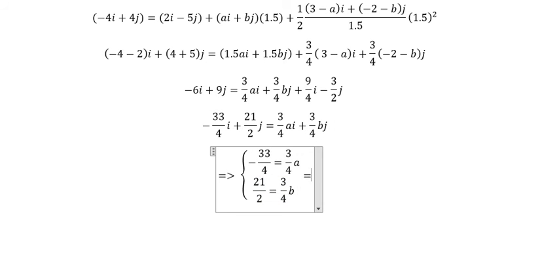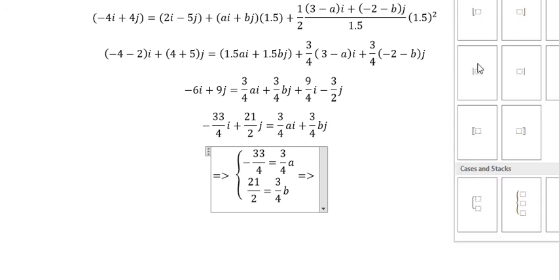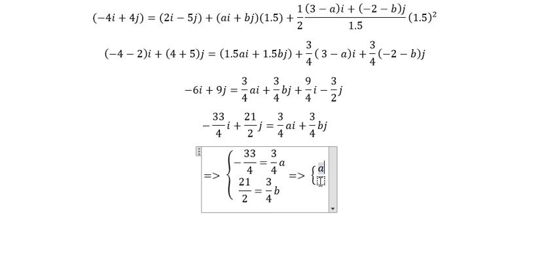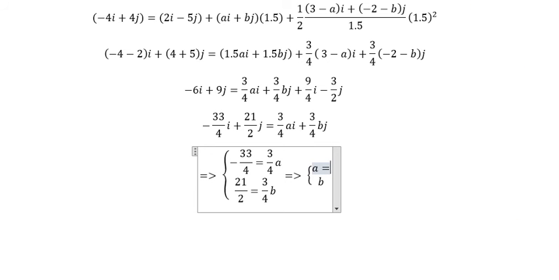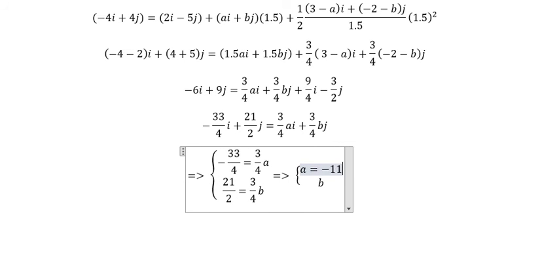And we can find the value of a and b. A is negative 11. B is 14.